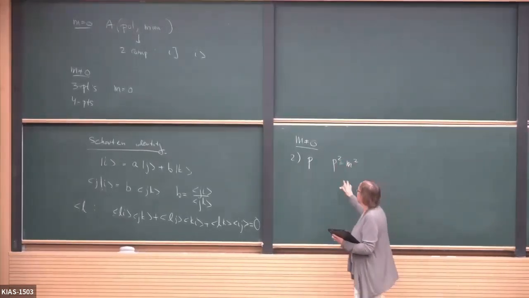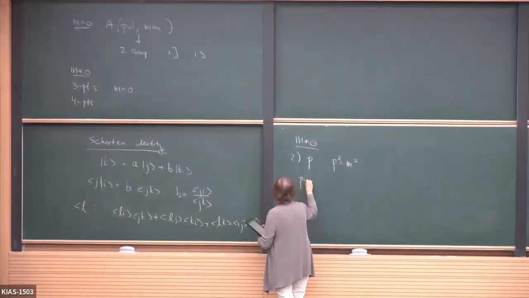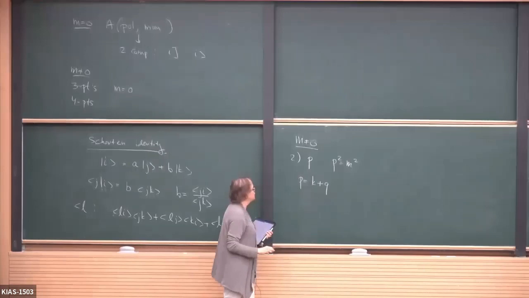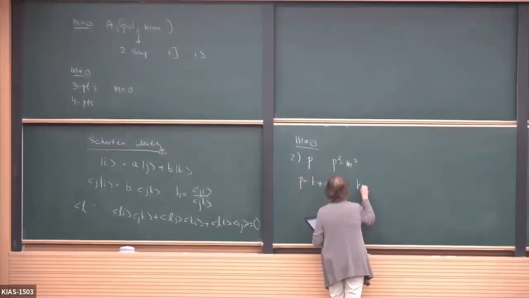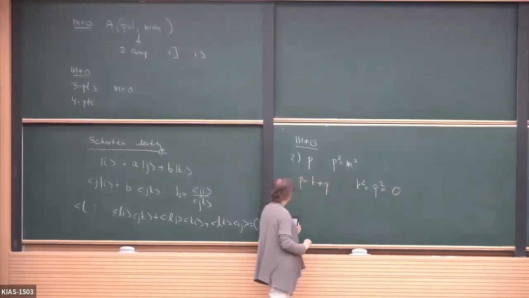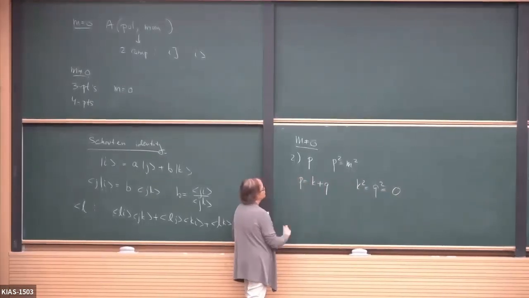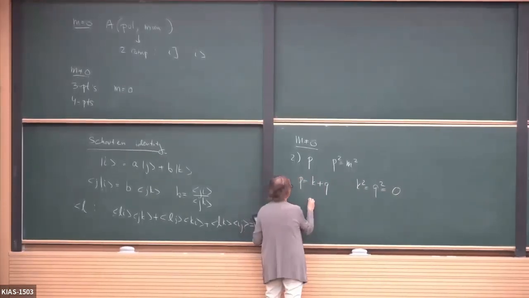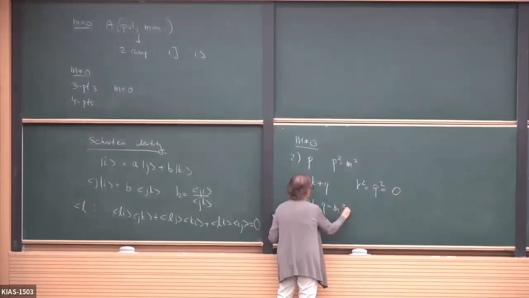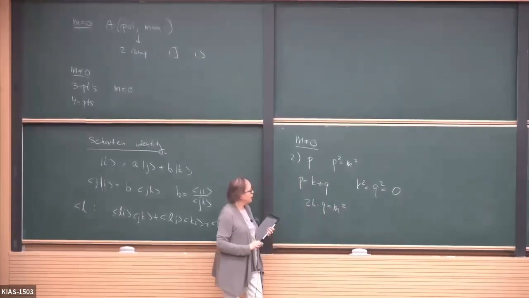But we can always write such a momentum in terms of a sum k plus q, where these two guys are light-like. The one thing that these guys need to satisfy is that 2k dot q equals p squared, so that's equal to m squared.